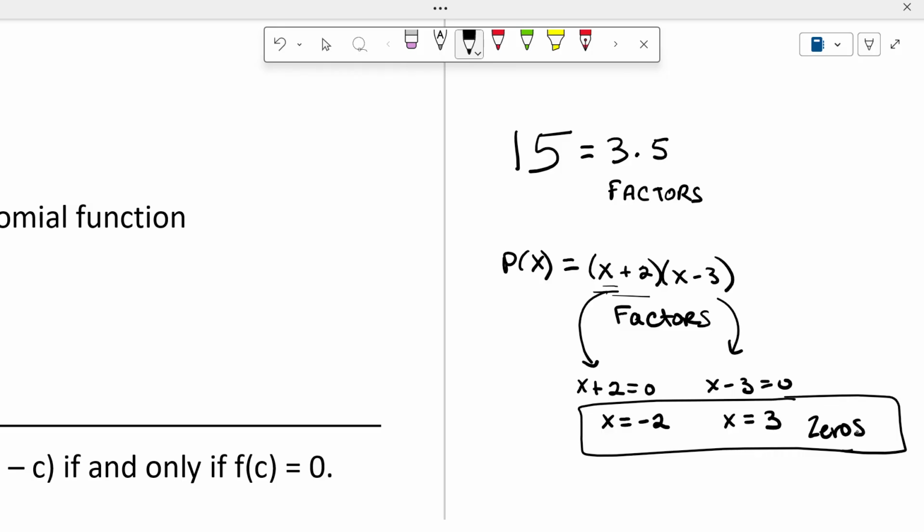Because when these two numbers are put into the polynomial function, the answer will be 0, which alludes to if -2 is inserted into the function, 0 comes out. If 3 goes in, 0 comes out. So if you look at it this way as ins and outs, then we can see that the zeros are indicating the x-intercepts.